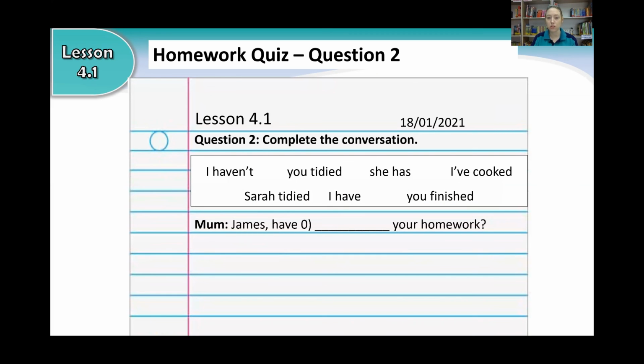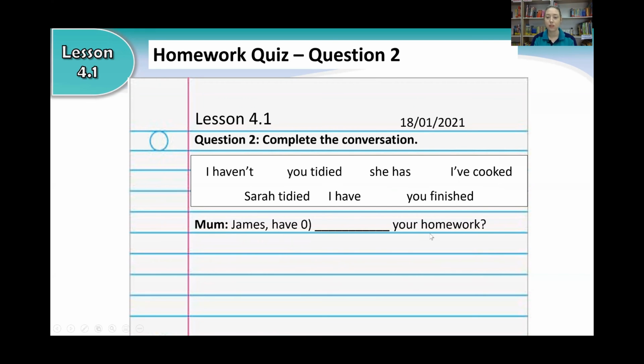Okay, and in question 2, you need to use the words in the box to complete the conversation. For example, number 0, Mum says, James, have something your homework. Could we say, have you tidied your homework?